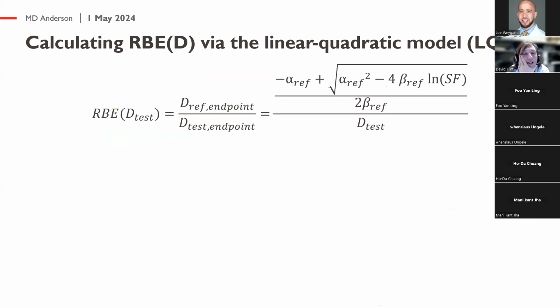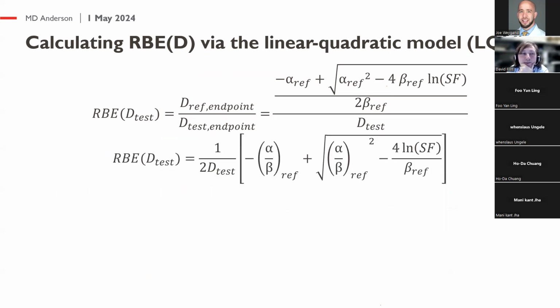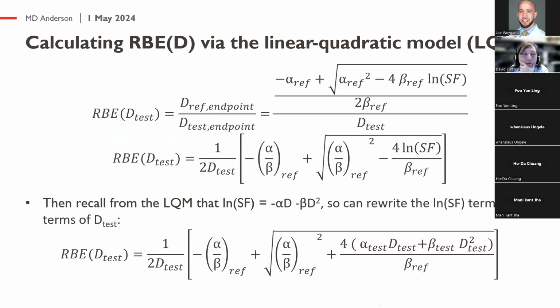So then if we actually want to calculate RBE for a given dose level, we do something that looks like this. You have this ratio of doses, and then you plug in that expression that looks like the quadratic formula to get the RBE. And you can do some rearranging, and you get an expression that just looks like this. It's a simple expression that tells you what the RBE is for a given dose level.